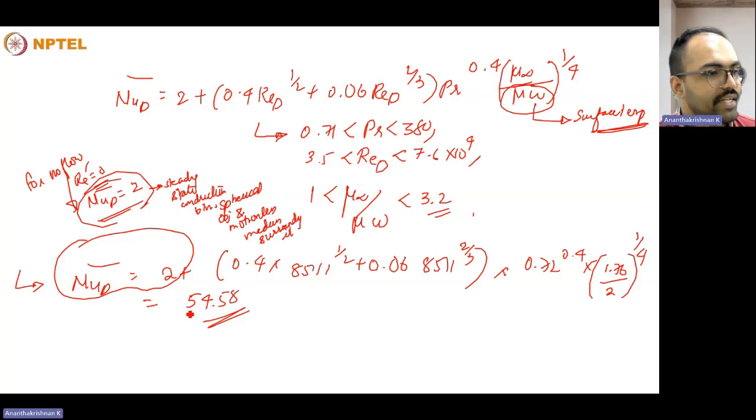In this case, we could see that Nusselt number is very much greater than 2. That means that there is heat transfer due to convection.